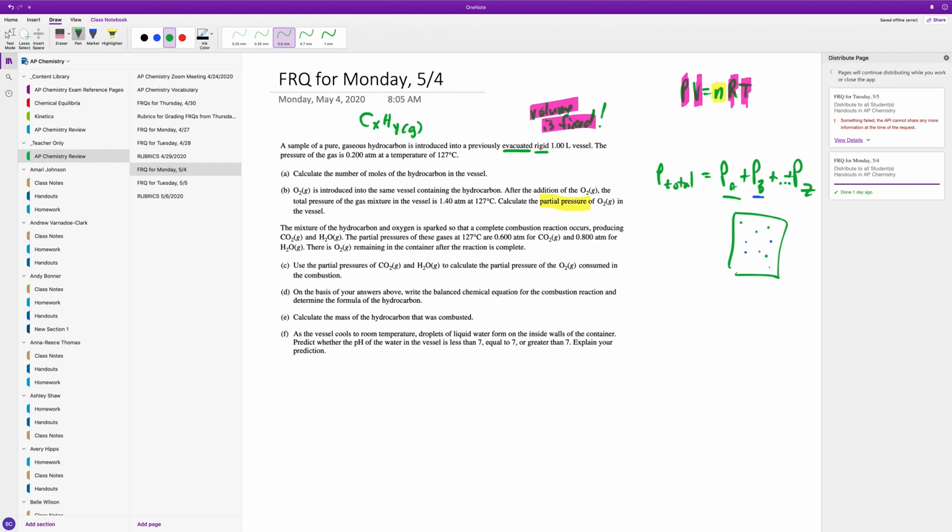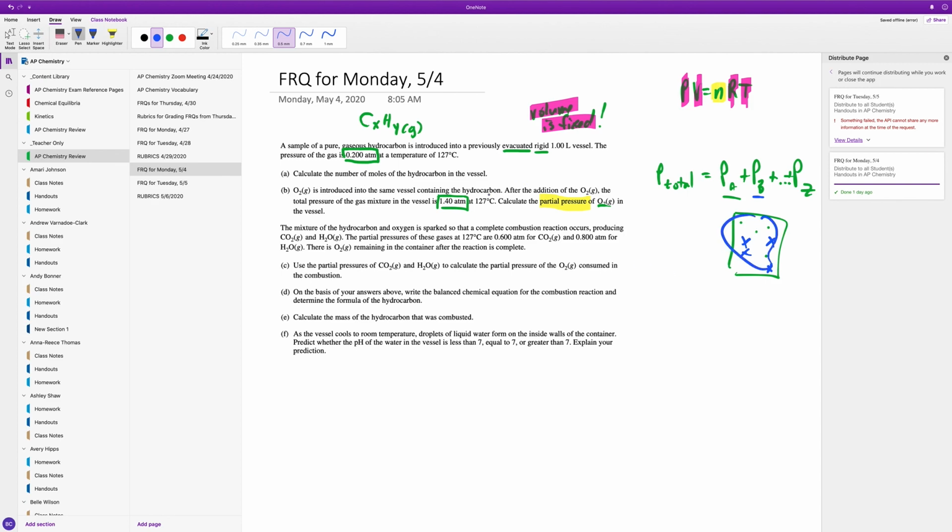It's negligible. So if you want to find the partial pressure of oxygen, and here's the total pressure, and we already know the partial pressure of that hydrocarbon, we could subtract that out. That would be the approach for the partial pressure of the oxygen. We can subtract out the partial pressure of the hydrocarbon and see what's left over.